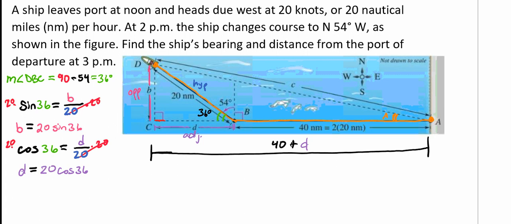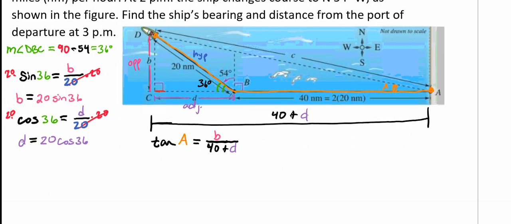So we're going to find the tangent of angle A, which is going to be our opposite side, which is B, over our adjacent side. Now our adjacent side is our 40 plus our side D, so it's all of that. And we have those pieces, so now we just need to plug them in.